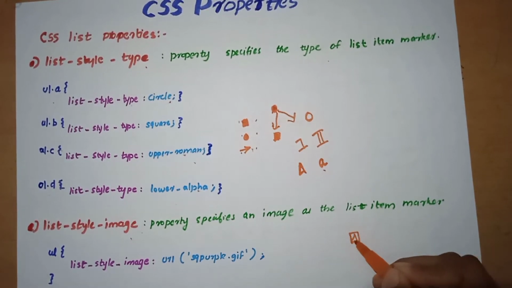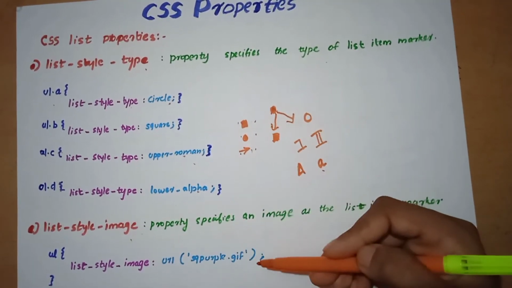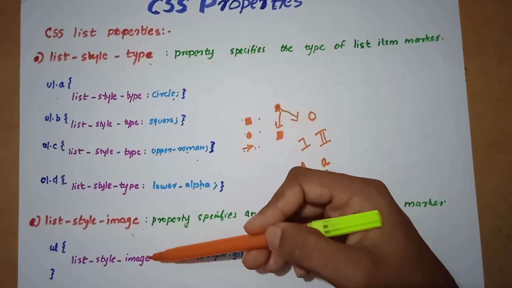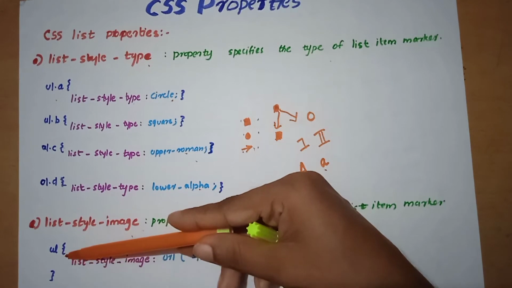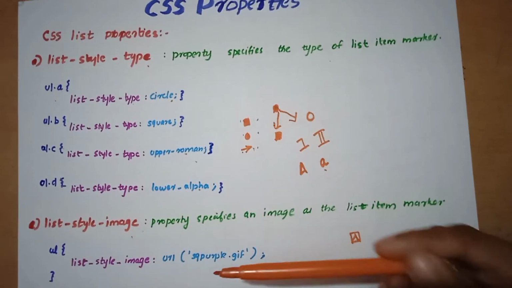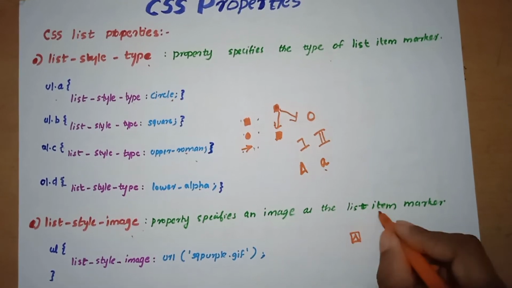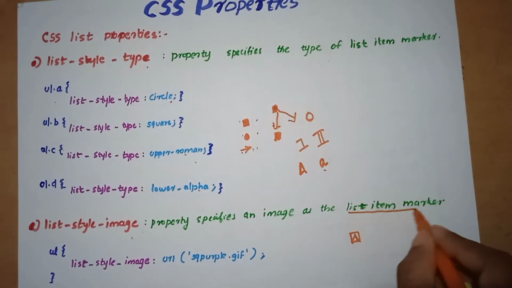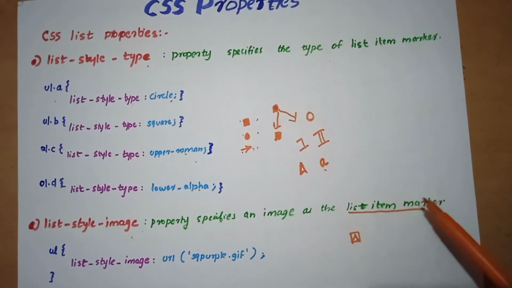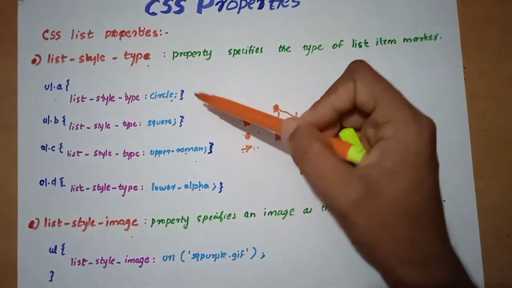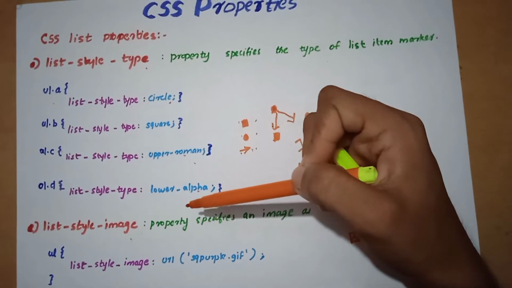If I am going to add an image, I only need to link that value with the list-style-image property, whether it is an unordered list or an ordered list. Thus you can get this picture as the list item marker. That is how we use images as the list item marker.